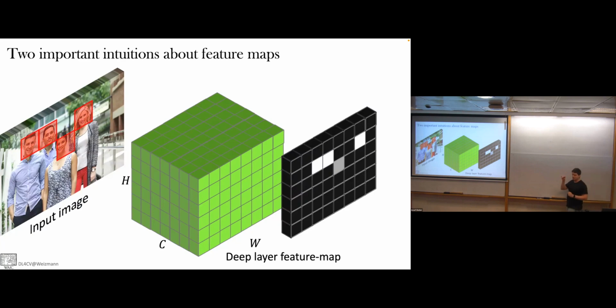So it fires up, this is neuroscientific terminology, it fires up when it sees faces. So when it's exactly on the face, the pixel is exactly the center of the face, it's all white, and when it's overlapping but not all the way, it's kind of grayish.